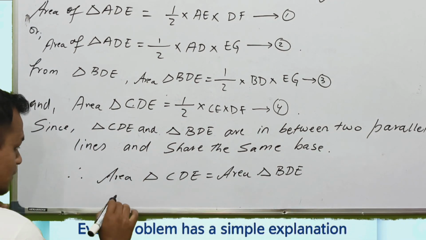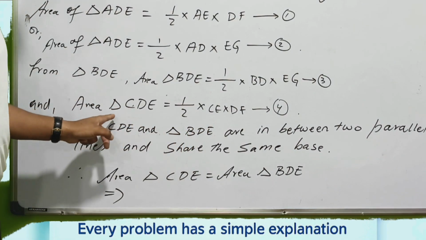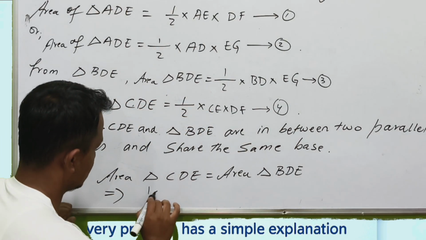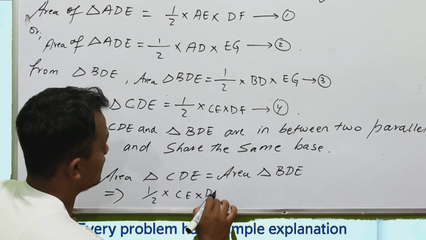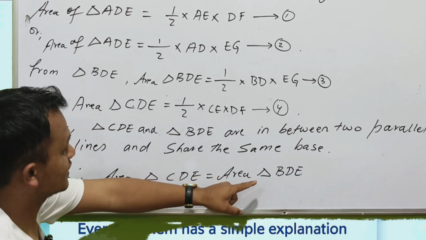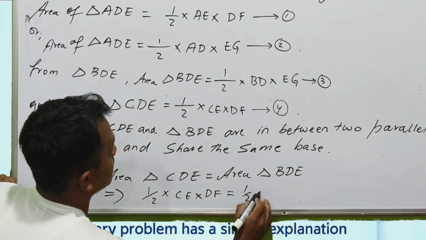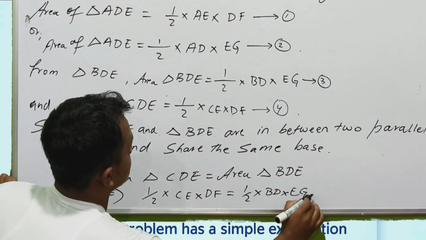And we all know that from equation 4, area of triangle CDE will be half into CE into DF. So half into CE into DF is equal to area of triangle BDE. So area of triangle BDE will be half into BD into EG.